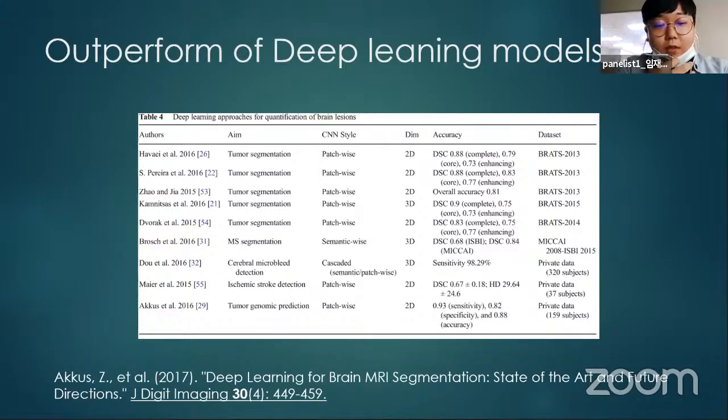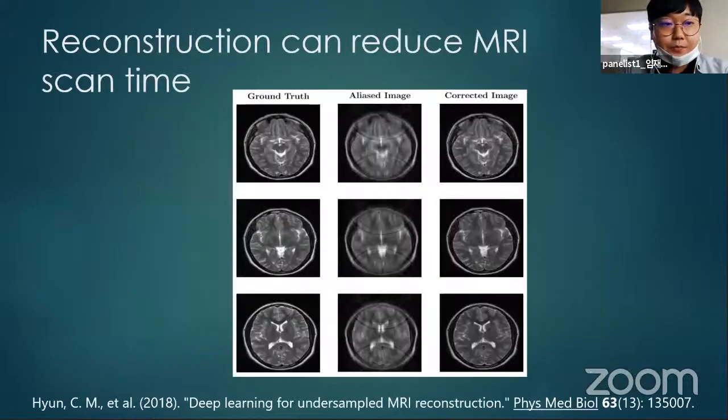But with deep learning, in this case a CNN model, we can process this tumor segmentation in a few minutes with 80% more accuracy. The second advantage is that deep learning can help us reconstruct the whole MR image from undersampled k-space data.